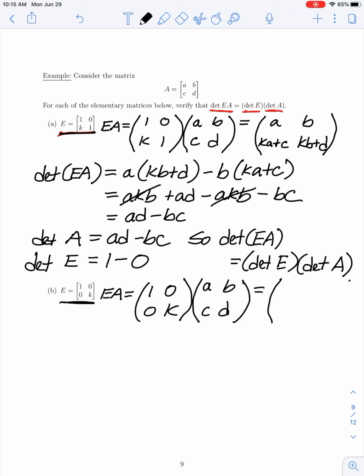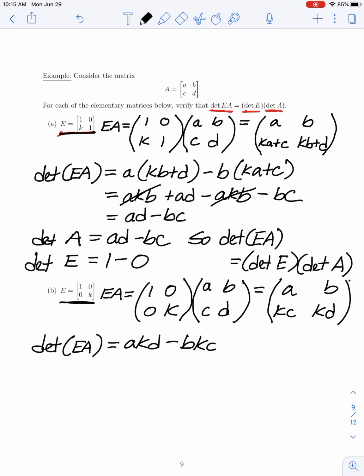So that gives us the matrix [a, b; kc, kd]. So for the determinant of that matrix, E times A, we have a times kd minus b times kc, or we can factor out a k, and we're left with k times (ad minus bc).